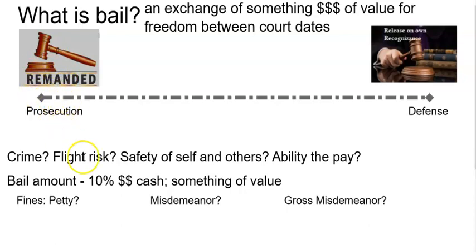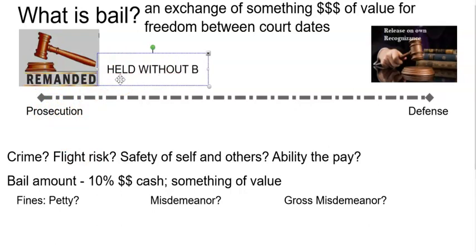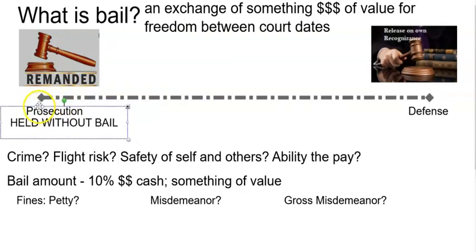And remanded simply means held without bail. So there actually is no bail, because this person is a flight risk. This person committed such a horrible crime that they shouldn't even be out on bail, or they do pose a risk to themselves or to others. So that is one extreme.